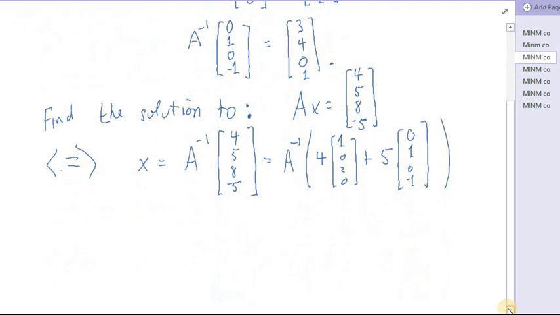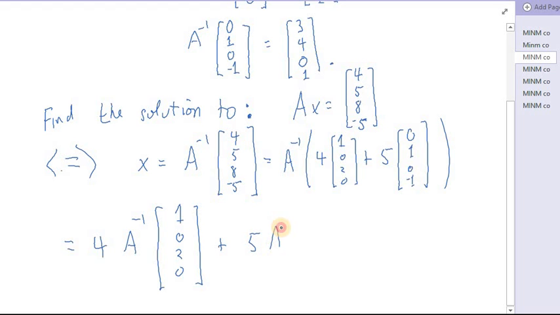All right, so how can I use this information? Well, I know when I multiply a matrix by a linear combination, that gives me a linear combination of the matrix multiples. So that's the same thing as 4 times A inverse of (1, 0, 2, 0) plus 5 times A inverse of (0, 1, 0, -1). Now, what's A inverse of (0, 1, 0, -1)?